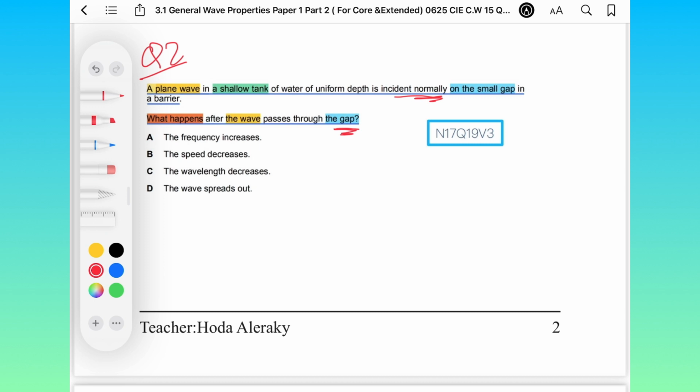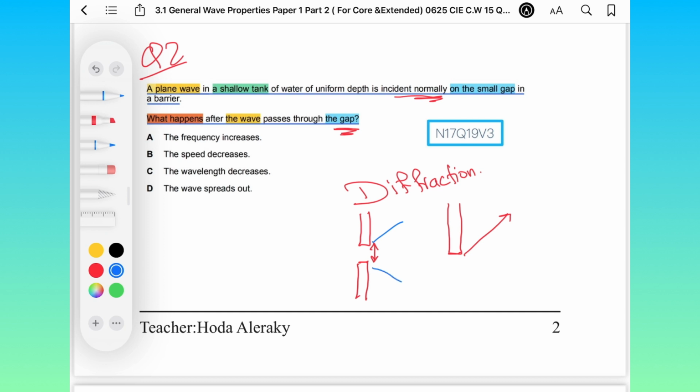What happens when the waves pass through a narrow gap like this? We call this a narrow gap, and this represents the width of the gap, or it could be only a sharp edge like this. What happens? Waves change direction, and here also the waves can spread out. So the answer is D.